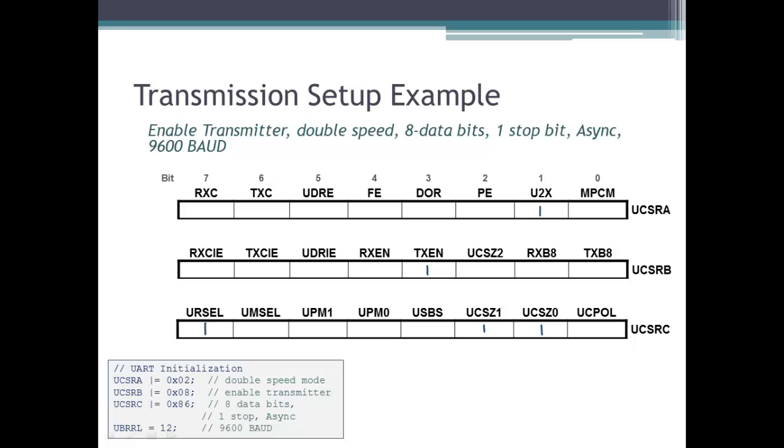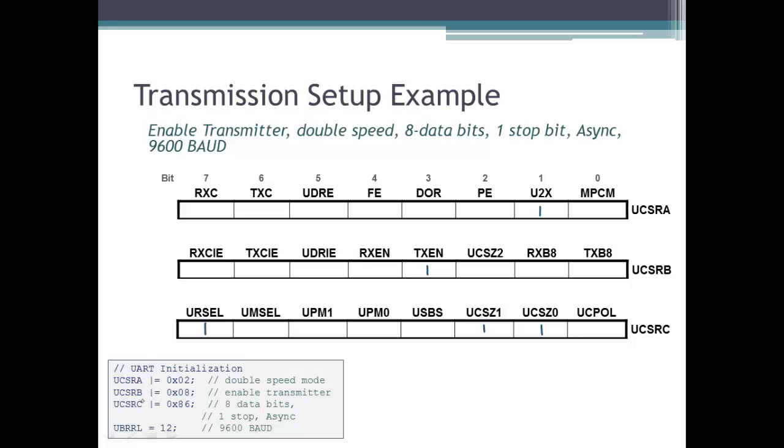And you'll recall from the earlier tutorials that this sets certain bits high without affecting any other bits, without overriding any other bits, which is a very useful method. And subsequently, the UCSRB and the UCSRC writes are shown there as well.